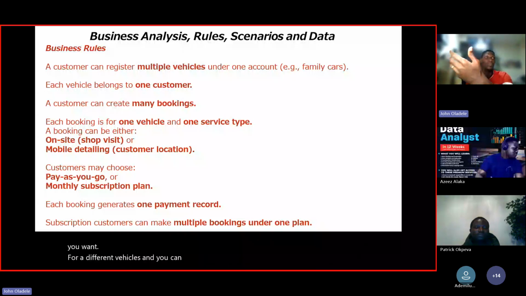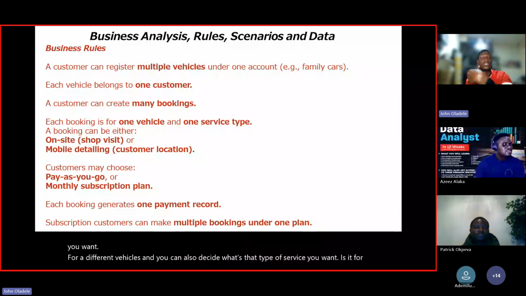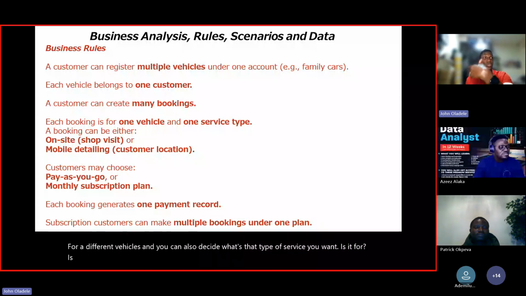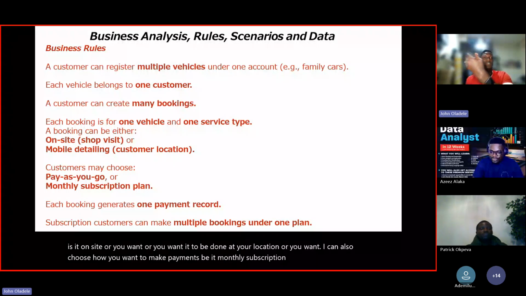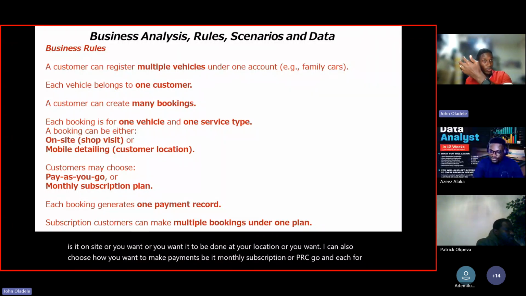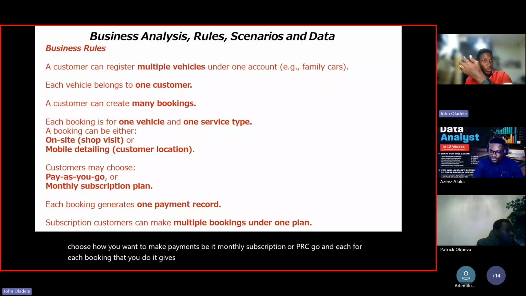Is it on site, or you want it to be done at your location? You can also choose how you want to make payments, be it monthly subscription or pay as you go. And each booking that you do gives you one record, so that there are not multiple records in the system.